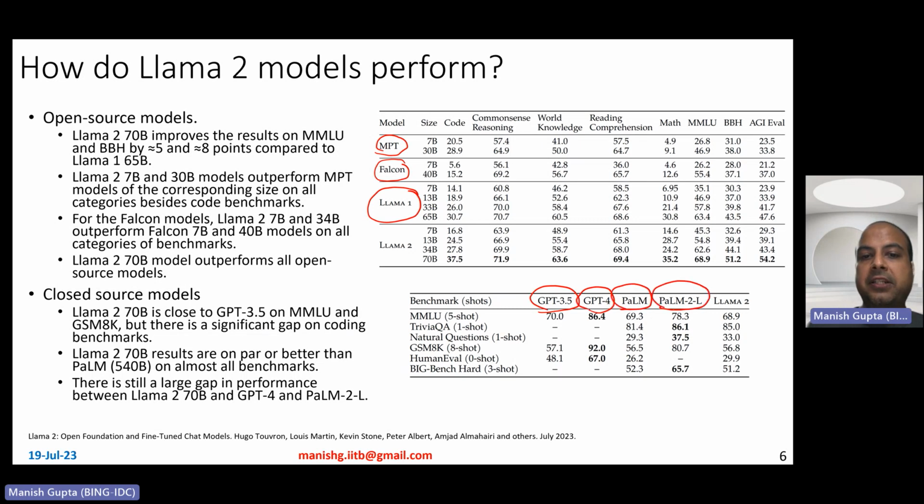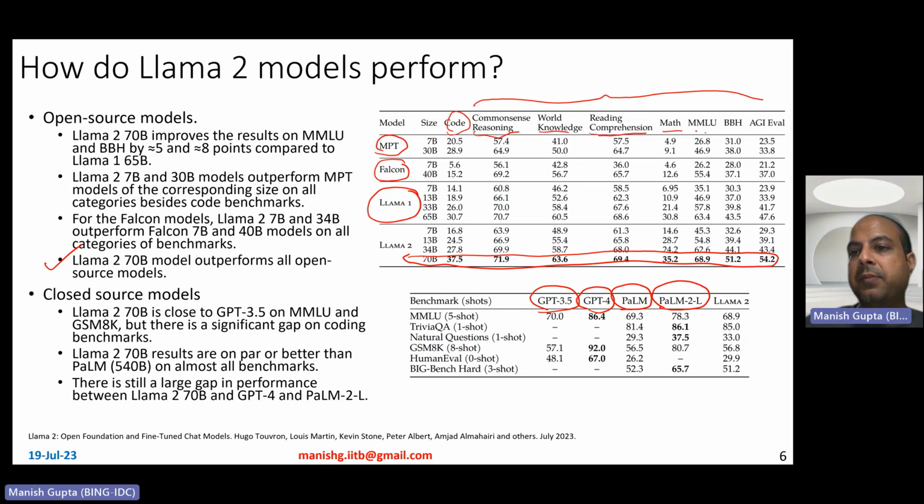As you can notice on the open source models, Llama 2 70 billion of course outperforms all other open source models. The results are shown across various benchmarks: code-related benchmarks, commonsense reasoning, world knowledge, reading comprehension, math, MMLU, and Big Bench Hard tasks.